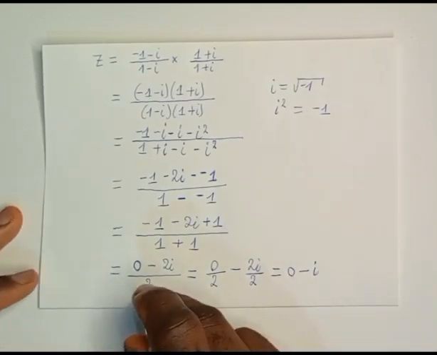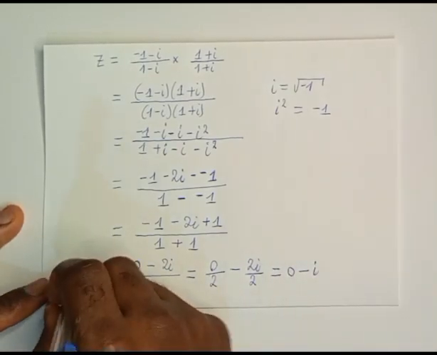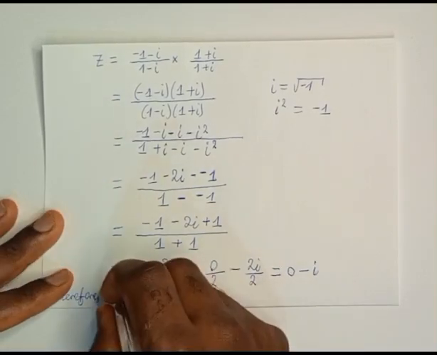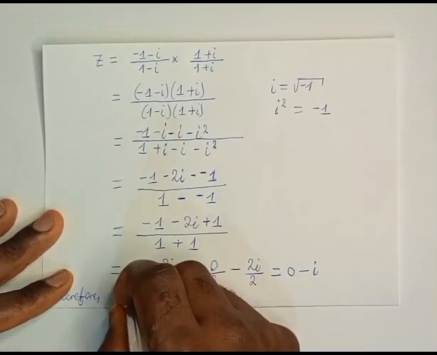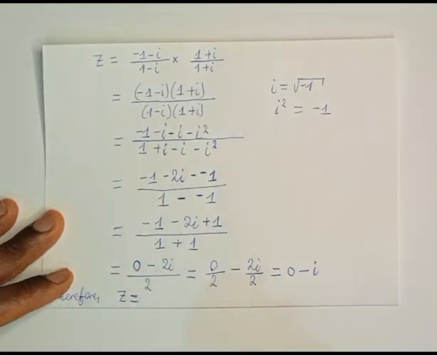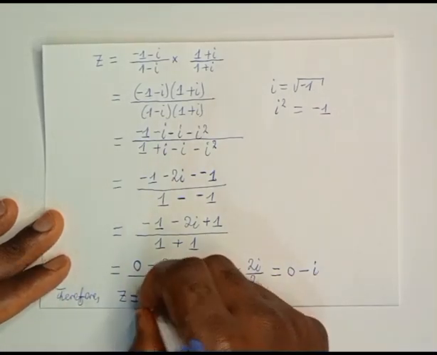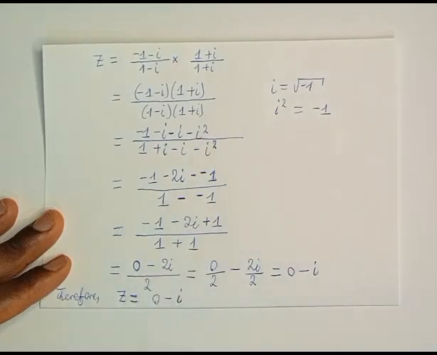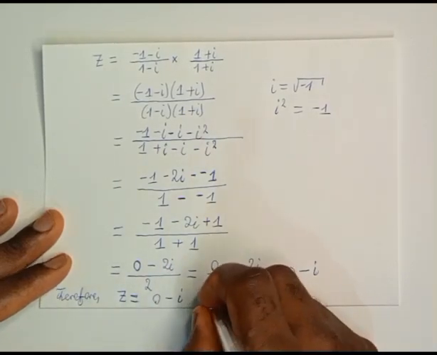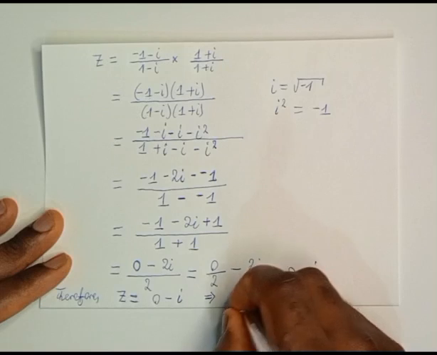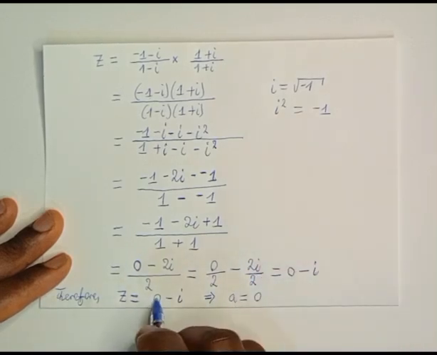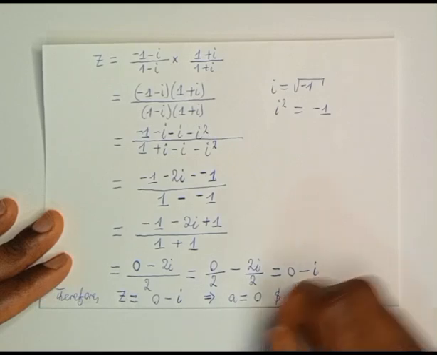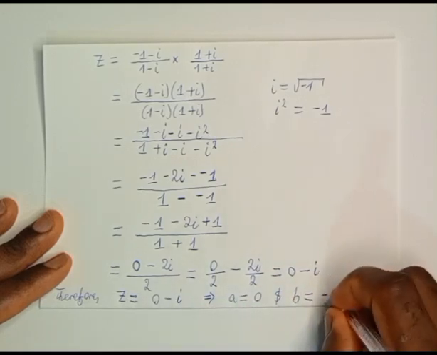Then we conclude, therefore, z is equal to, in the form a plus ib, 0 minus i. It simply implies that our a is equal to 0 and b is equal to the coefficient of i, which is negative 1.